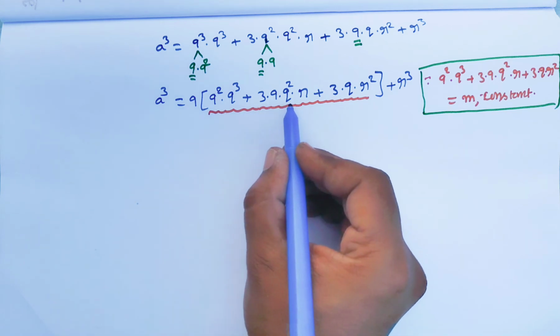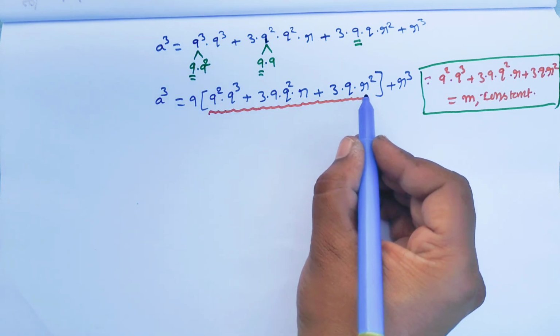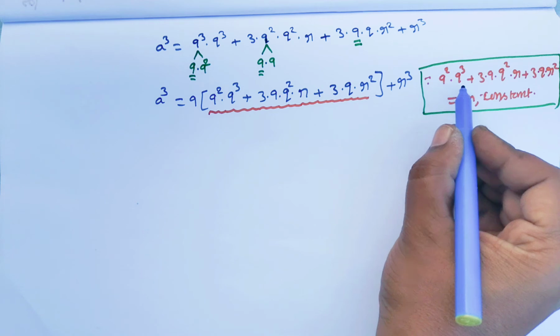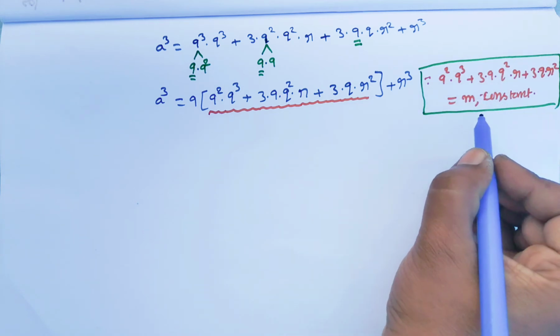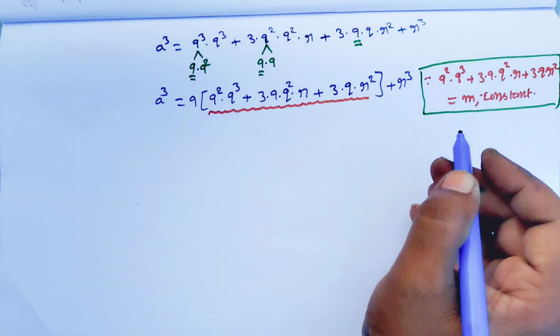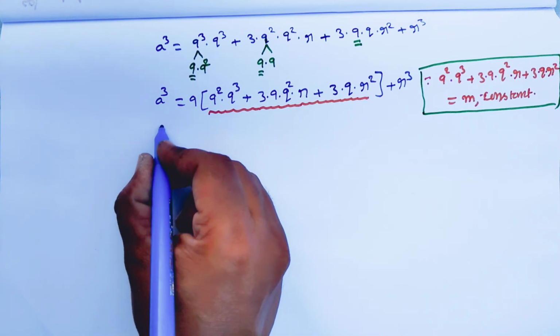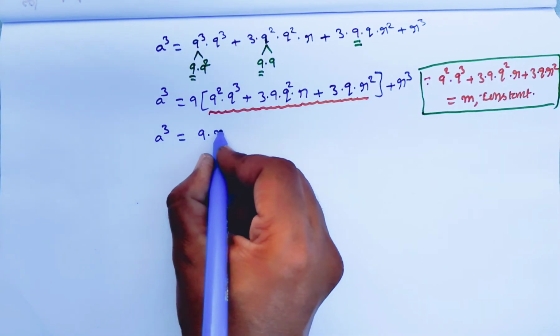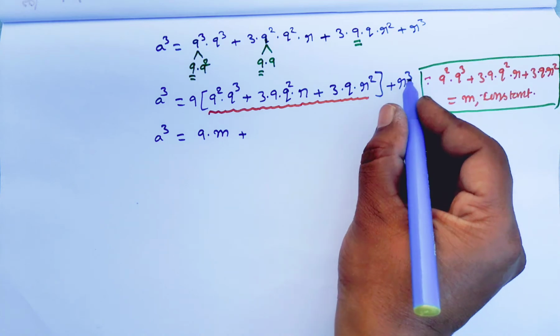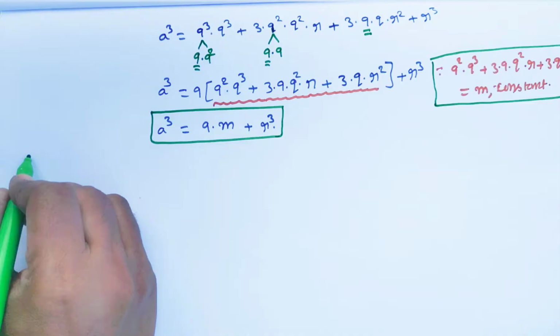So we take 9 square q cube plus 3 into 9 q square r plus 3q r square as m, where m is any constant, that is a cube equals 9 into m plus r cube.